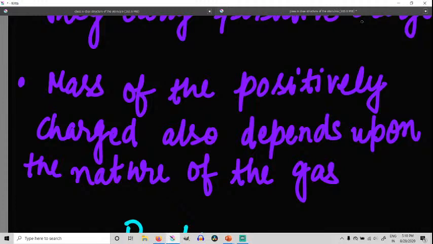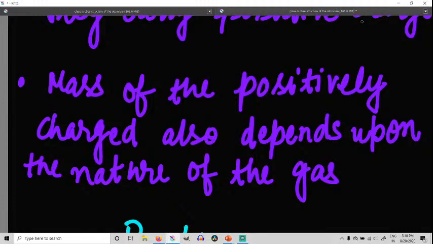The mass of the positively charged particle constituting the anode rays is also found to depend upon the nature of the gas and the voltage applied. However, the charge is found to be a whole number multiple of the charge of the electron. In relative terms, it may be 1+, 2+, 3+ units, depending upon the number of electrons knocked out from the gaseous atom.